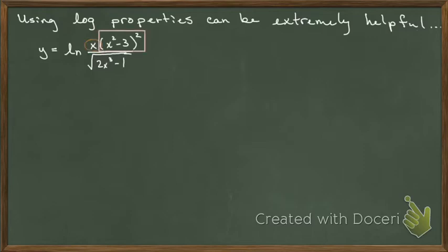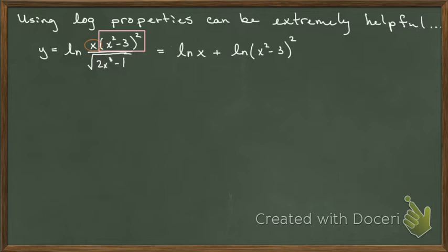Okay, so what I do is I've got log of a quotient here, and in the numerator of that quotient I have a product. We're able to break apart that product as the sum of the logs, right? So we'll take that numerator and break it apart, and write it like natural log of x plus natural log of x squared minus 3 all squared.